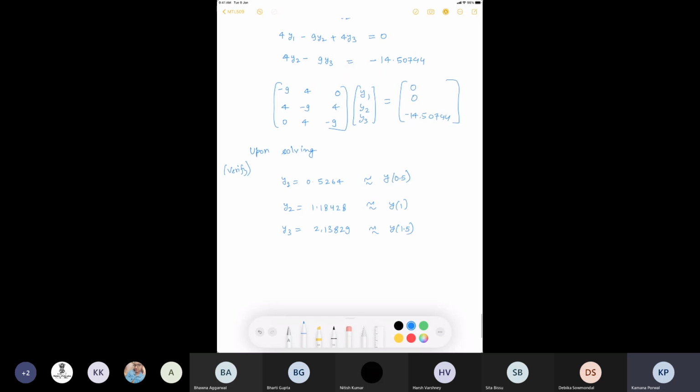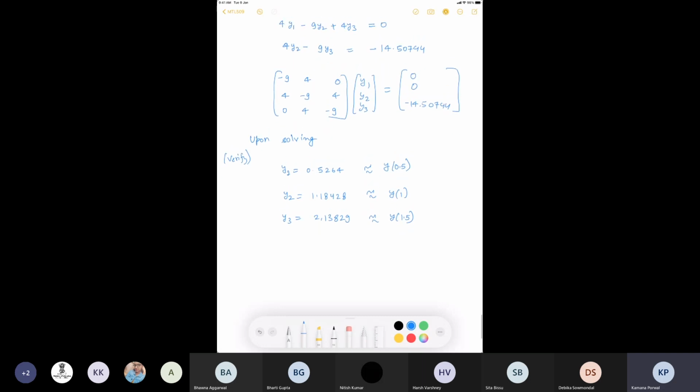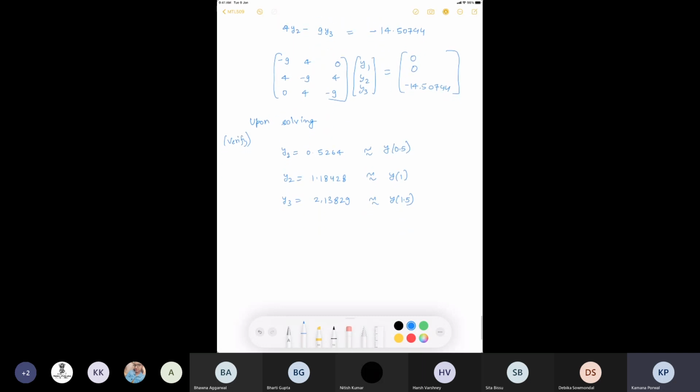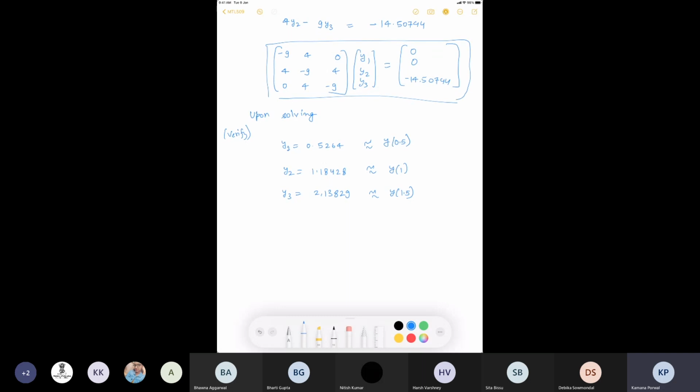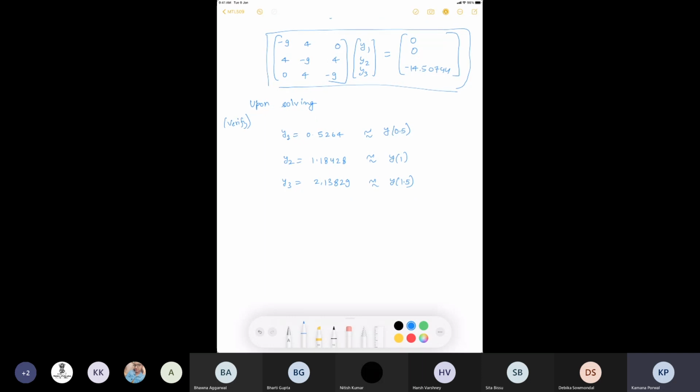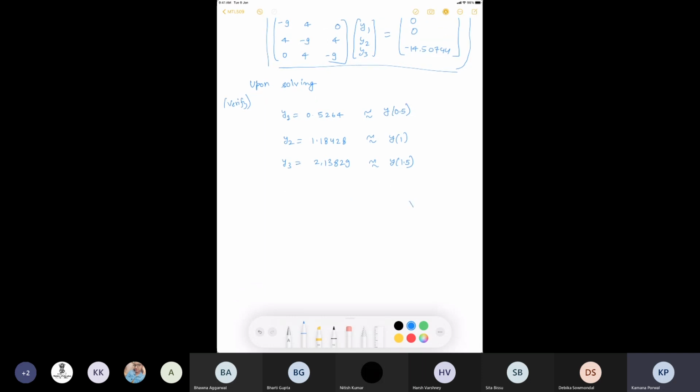Just to let you know, solving these systems manually, you can apply Cramer's rule, etc. There are various ways to solve 3 by 3 systems, right? But on the computer, there's a command called backslash.